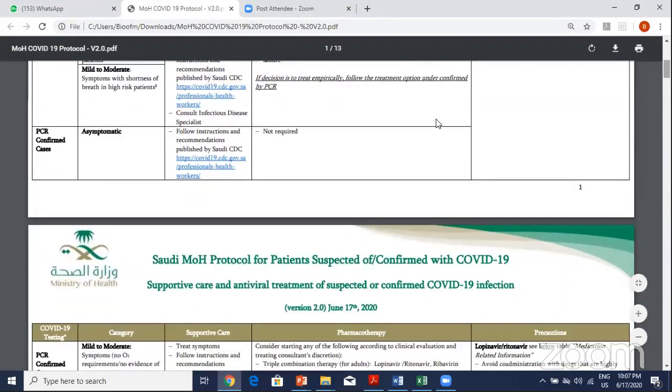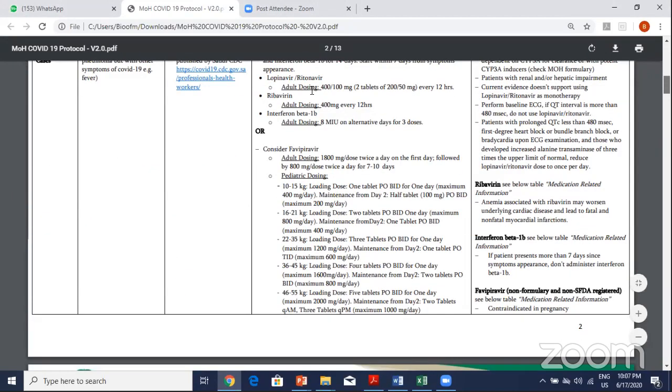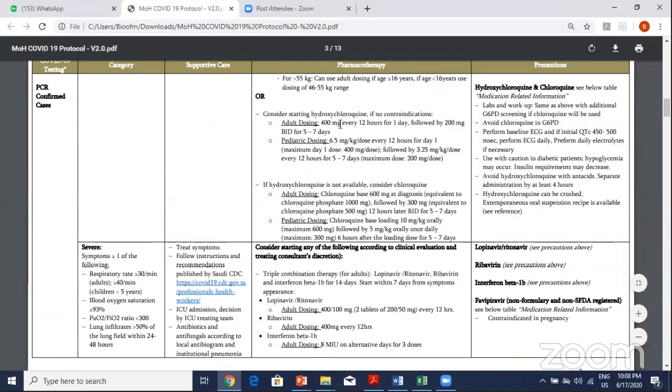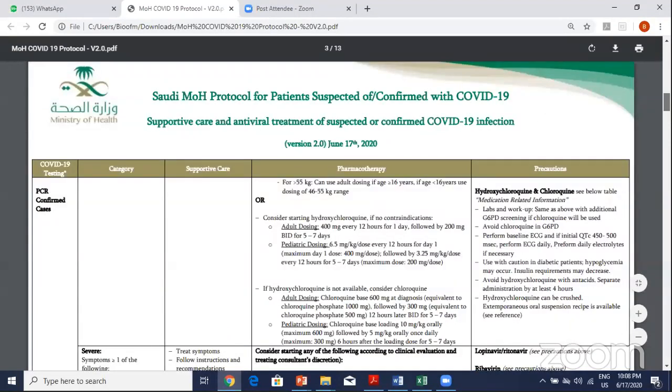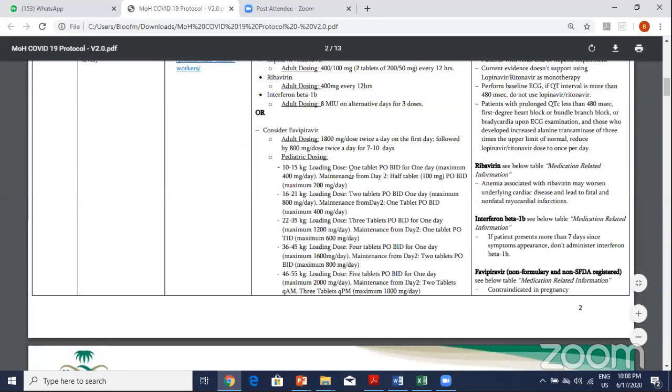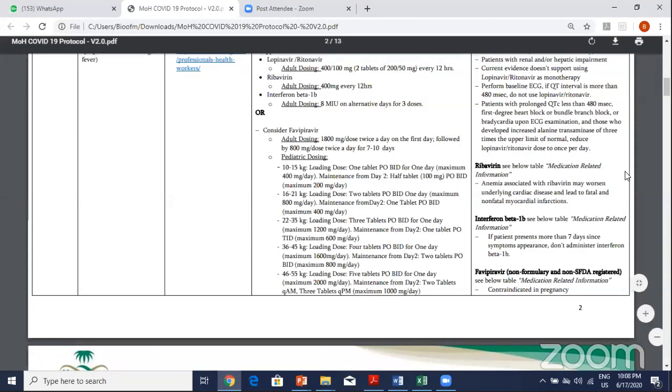Asymptomatic, we will not treat, no requirement for any treatment. But for those mild to moderate, we will start triple therapy or favipiravir or chloroquines. You can start hydroxychloroquine. Here in KSMC, we agreed with the ICU and ID to put hydroxychloroquine as the first agent for mild to moderate, because we are trying to save other agents like favipiravir and triple therapy for severe and critical patients.